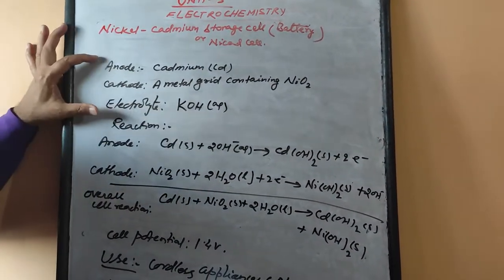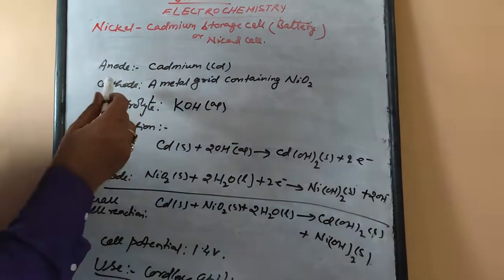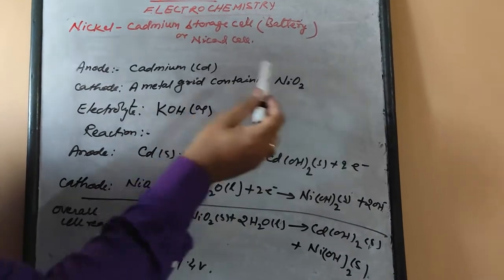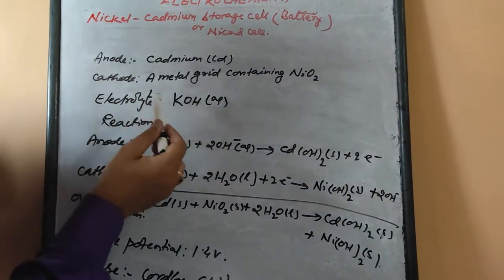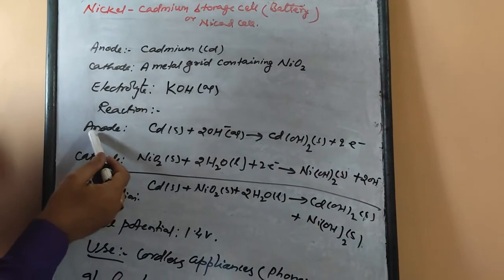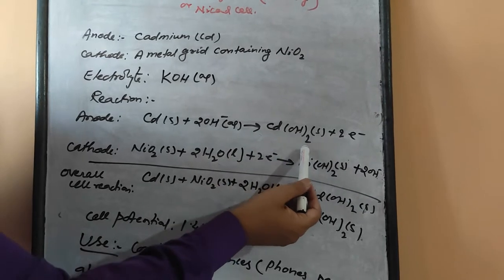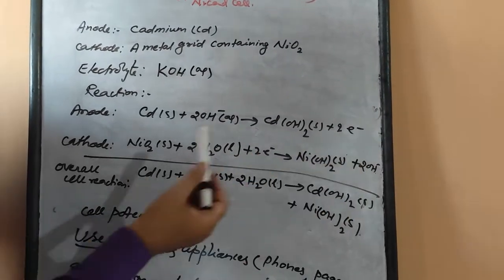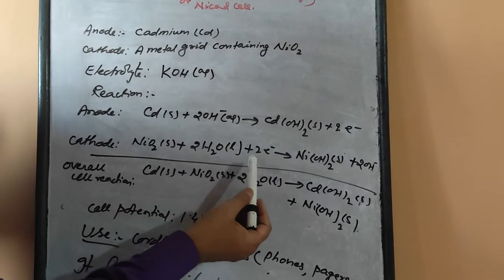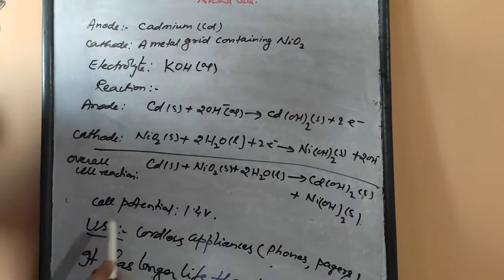Here, please look, the anode is cadmium, the cathode is a metal grid containing NiO2, the electrolyte is KOH aqueous. Reactions, look, anode: Cd solid plus 2OH- gives Cd(OH)2 solid plus 2 electrons. Cathode: NiO2 solid plus 2H2O liquid plus 2 electrons gives Ni(OH)2 solid plus 2OH-.